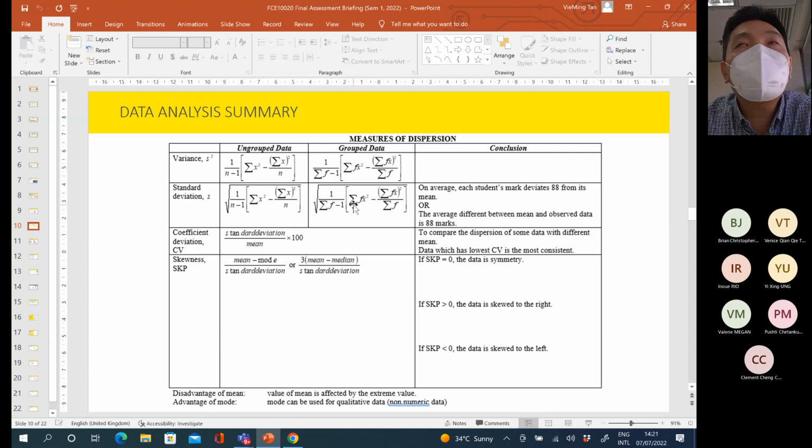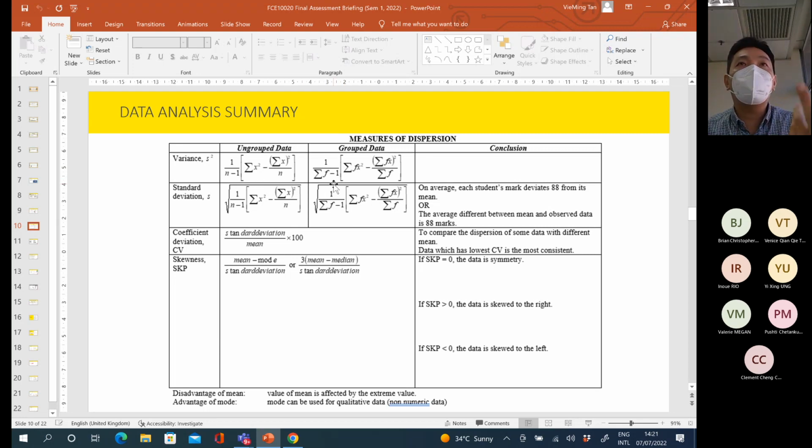Bear in mind, the data that we have, we call as the sample data. For group data or ungroup data, in our syllabus, we're only using the sampling data. As a result, you may find that we have to use total F minus 1 when we calculate the variance or standard deviation. We use minus 1 because we treat the data that we collected as sampling data only. We only collect sample data.